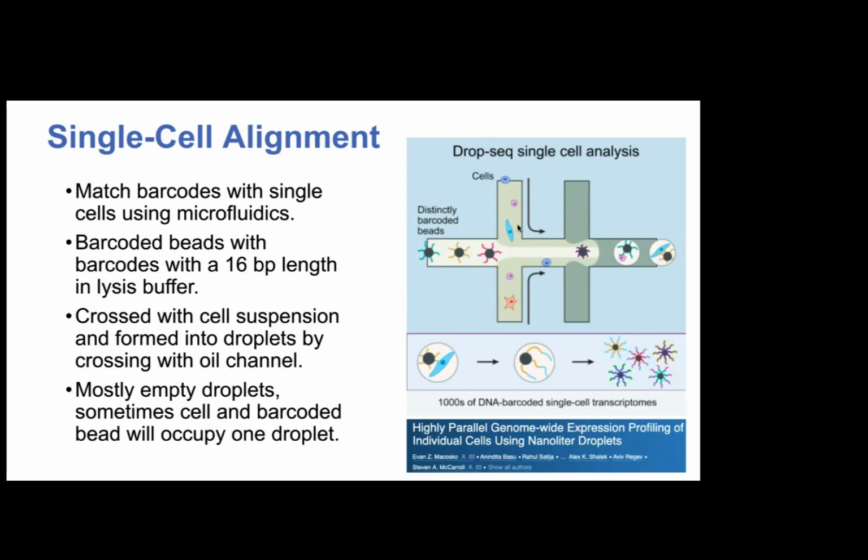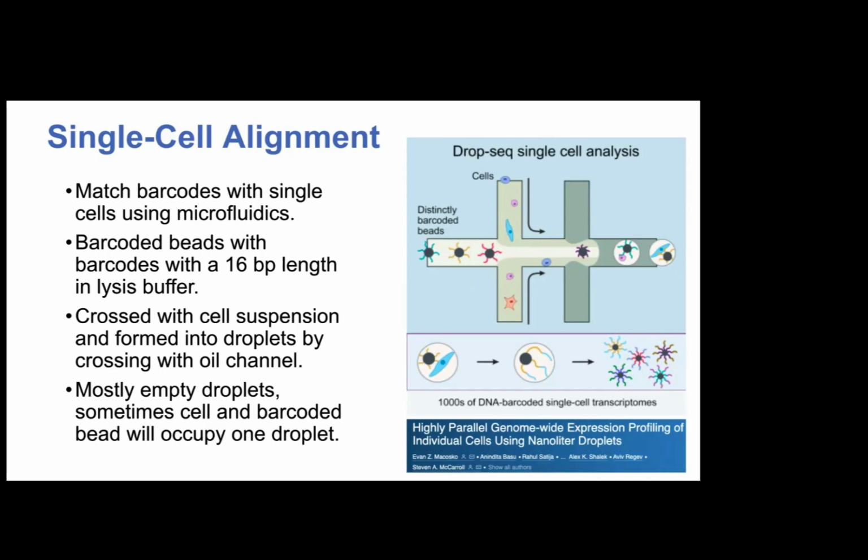Most of the time they don't meet. It's like an intersection where everybody drives through the red traffic light and usually nothing happens. But sometimes two of them will meet, and they go through here and get encapsulated in a droplet. So then you have a bead and a cell in one droplet.